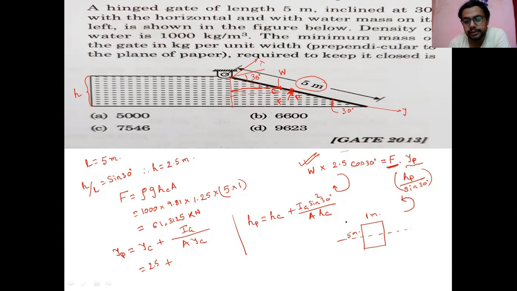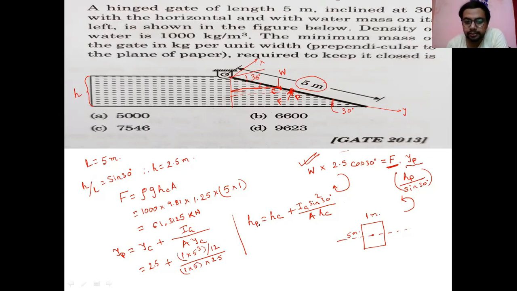So Ig is going through the centroid. So Ig is equal to 1 into 5 cube. It's a rectangle, so 1 into 5 cube by 12, divided by the area. Area is 1 into 5, and yc is equal to 2.5.